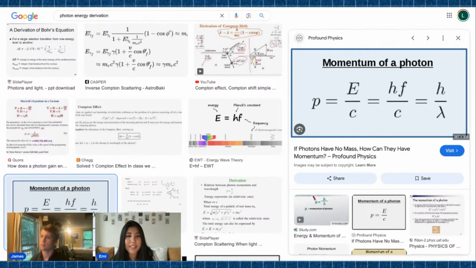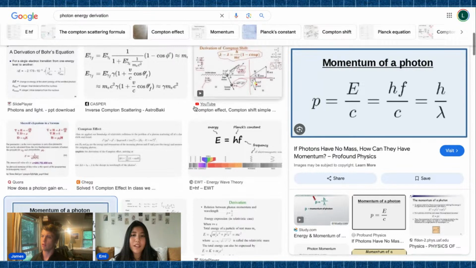Got it. That's the baseline standard equation. Here's where we get Planck's constant: Planck's constant divided by the wavelength is the momentum of a photon. So Planck's constant was derived by multiplying this momentum by the wavelength.